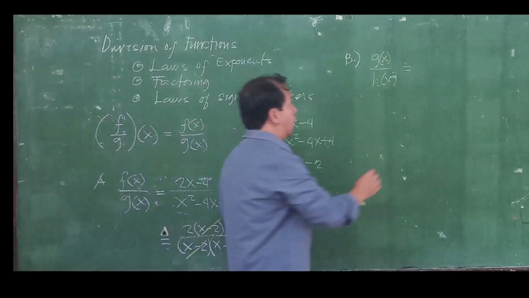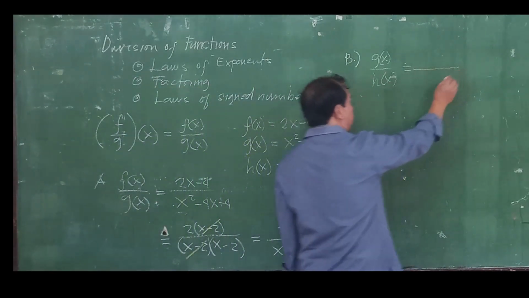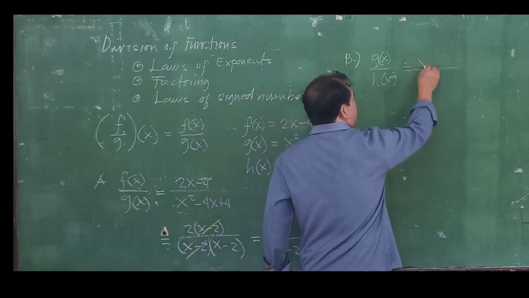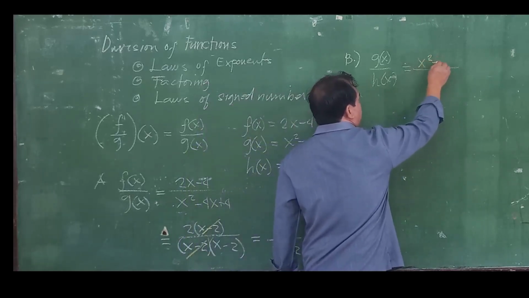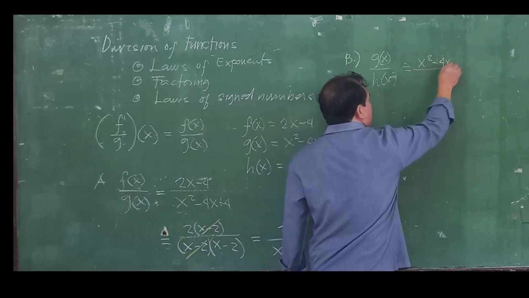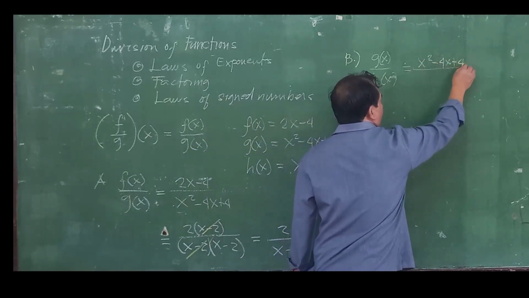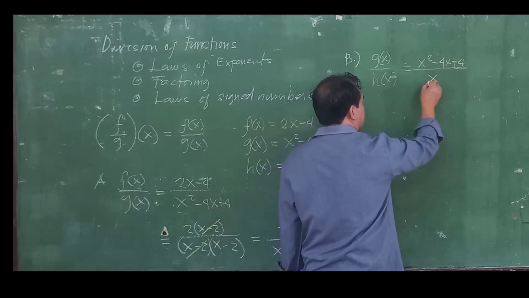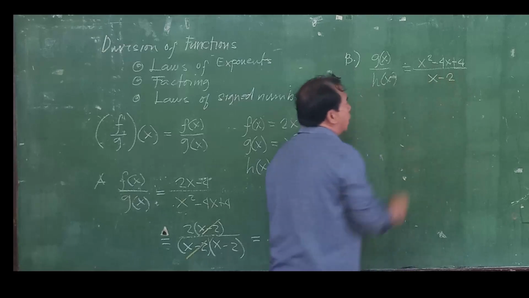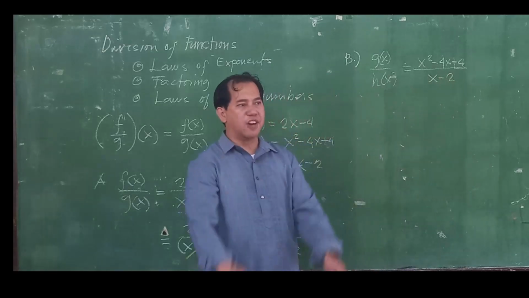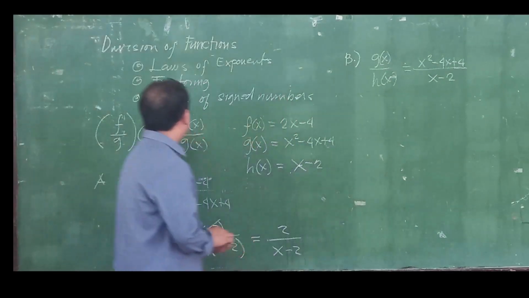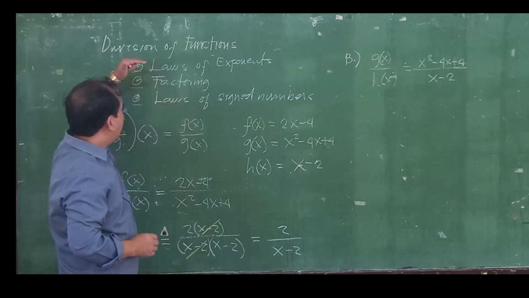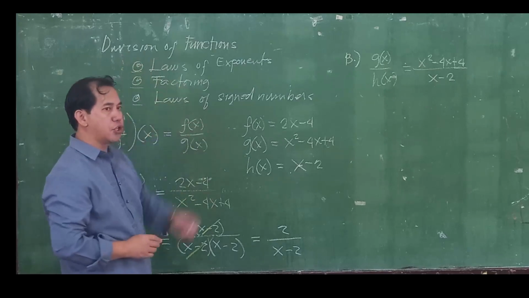So let's try to replace them. g of x is the same as x raised to 2 minus 4x plus 4. How about our h of x, the denominator? x minus 2. Notice again that when we divide, we use the idea of factoring them. We'll be applying the laws of exponents and of course the 1.